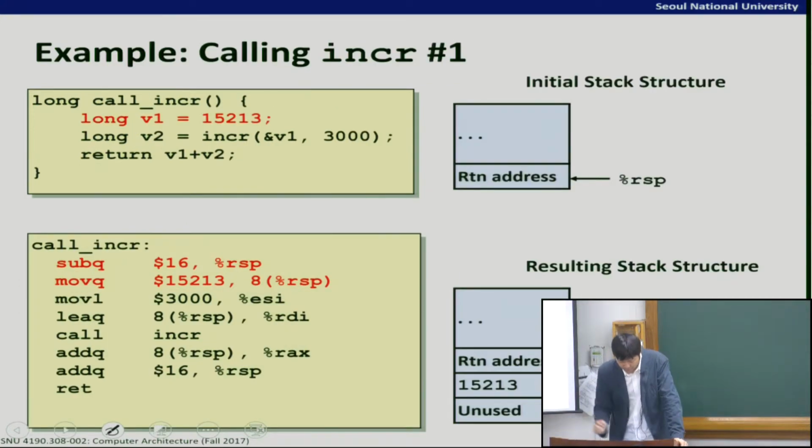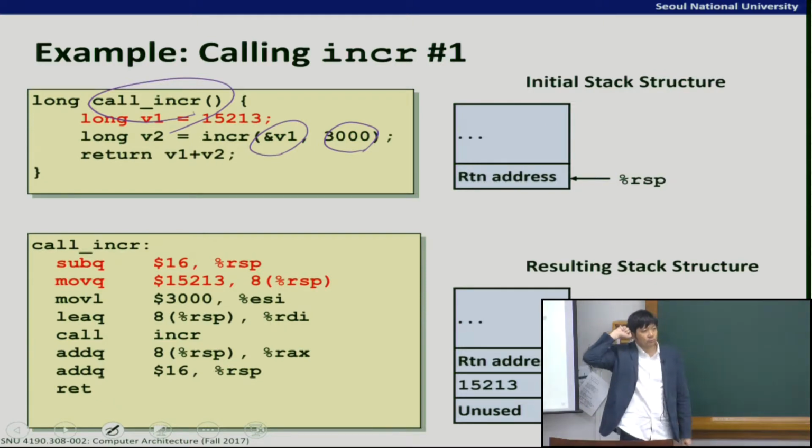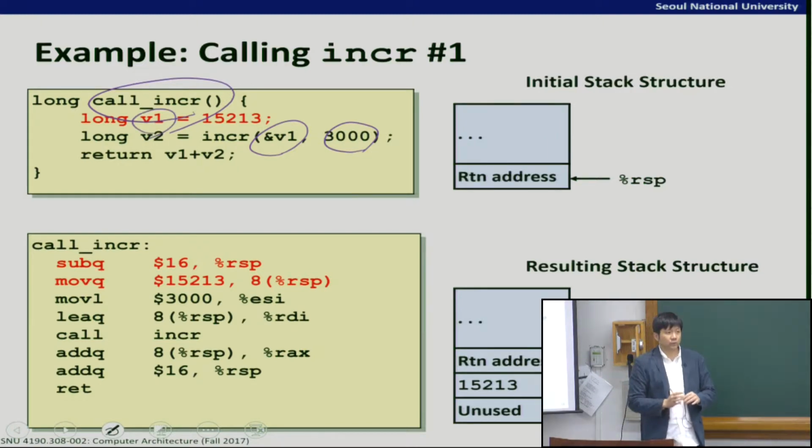We define another function like this. What it does is call the incr function, and we declare two local variables v1 and v2. v1 is 15,213, and the second value is the return value of incr, which is passed the pointer of the first variable v1 and the second constant value 3,000. So because this one is passed the value of this pointer, this function will read the value 15,213, add 3,000 to it, and store the sum back to the location p.